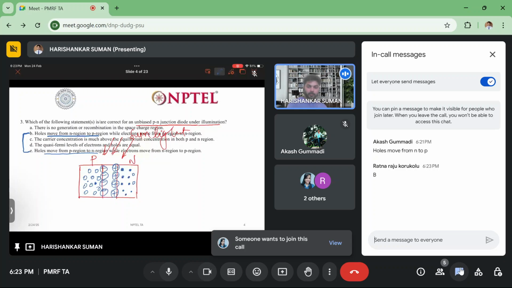Okay, B. And other. So let's check the answer. Hole move from N region to P region, while electron move from N region to, sorry, P region to N region.